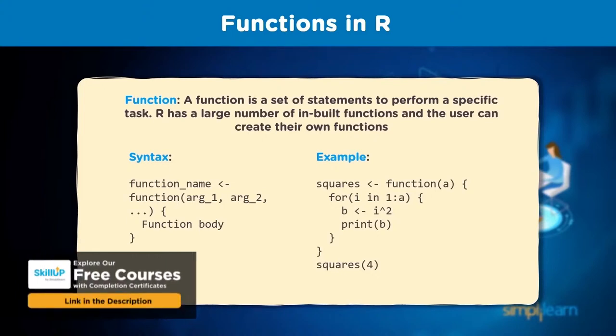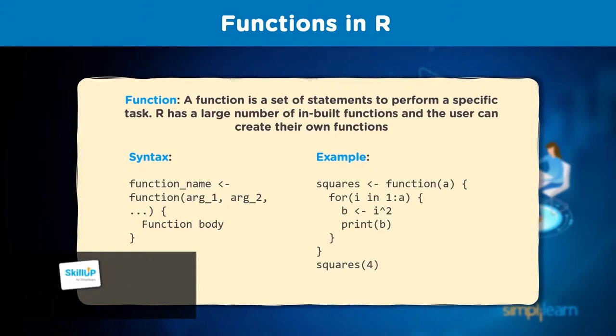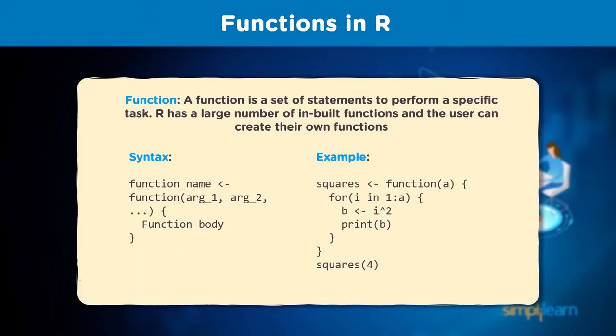We say for i in 1 to the number a, we would be doing an exponential computation. So we would square the value in this particular range, assign that to b and print it. Now when we do this, we can call this function and pass in a value to look at the square of that particular value.